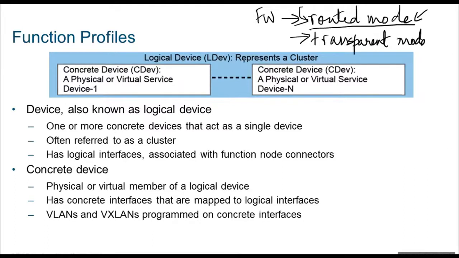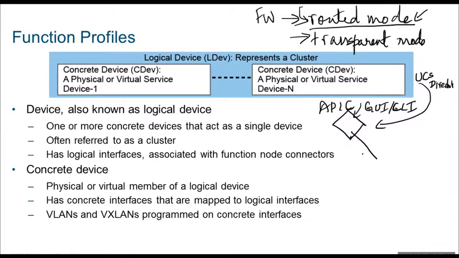Similarly, a logical device. What you're configuring within the APIC is the logical representation, through your GUI or your command line or your Python script, or even instructions coming from, say, UCS Director.